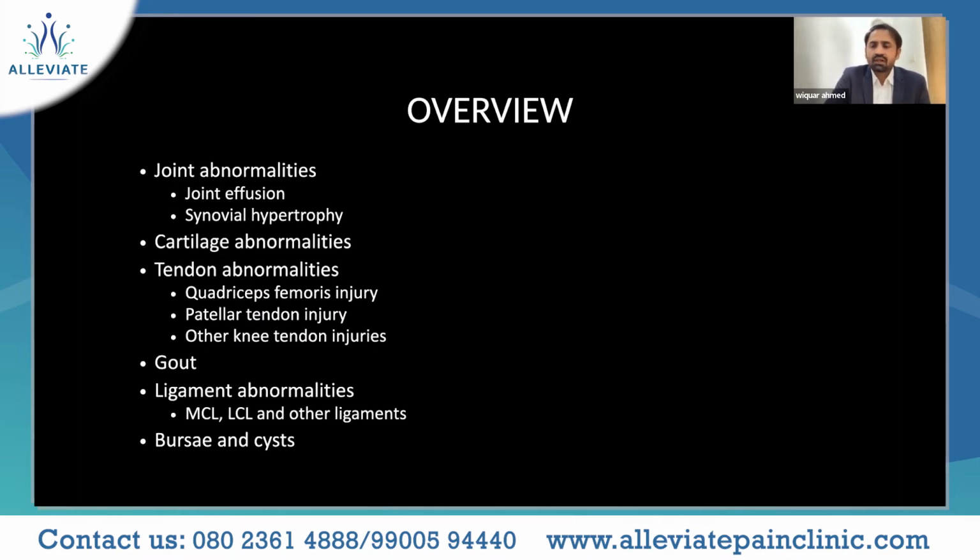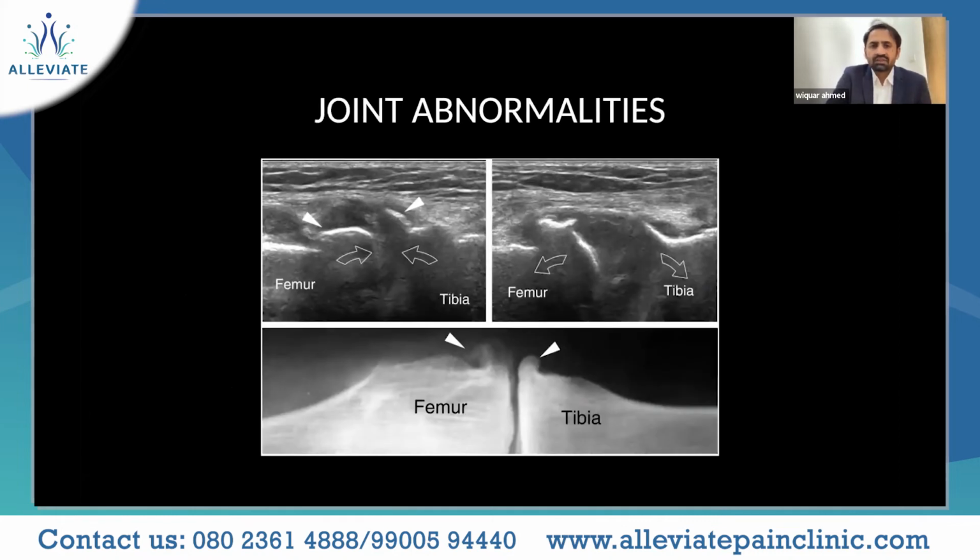And then we'll be going to the cartilage abnormalities and tendon abnormalities, quadriceps femoris injury, patellar tendon injury, and other tendon injuries and ligament injuries as well, all your MCL, LCL and other ligaments. Bursae and cyst will be covered.